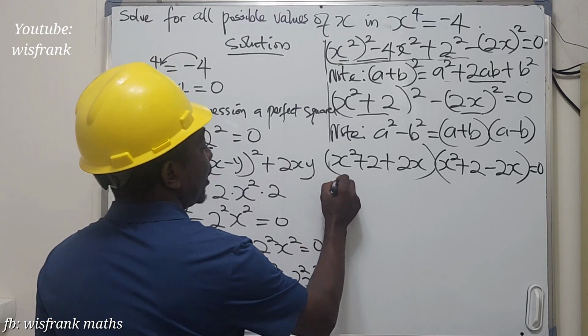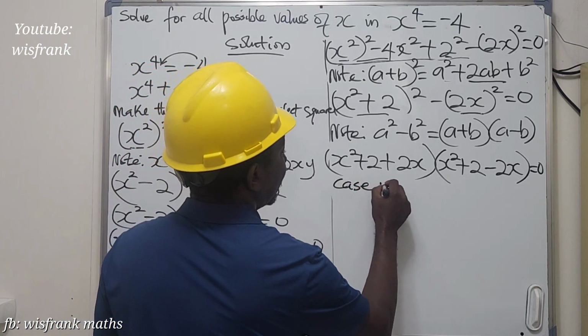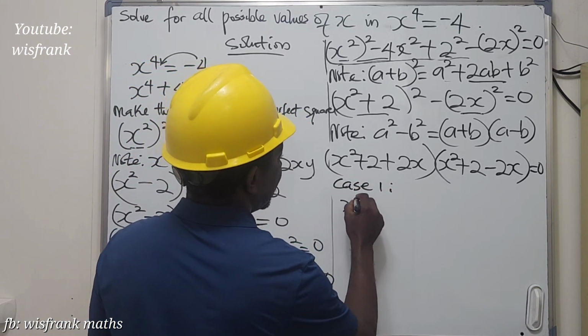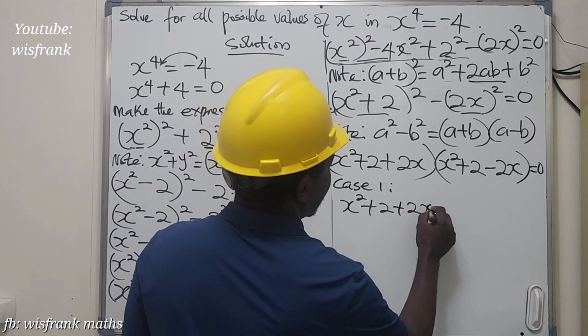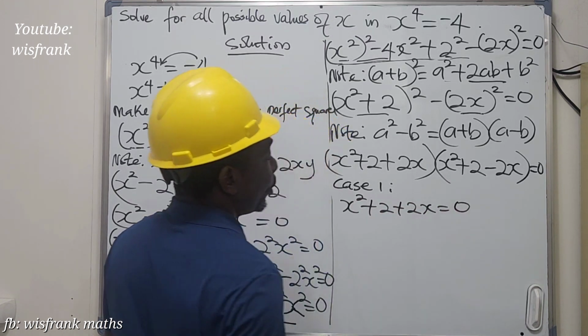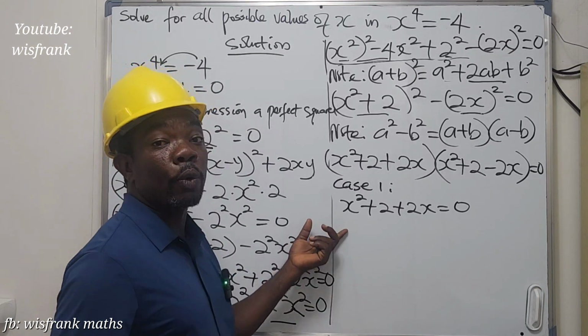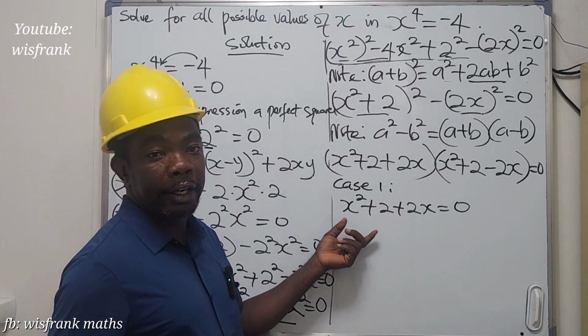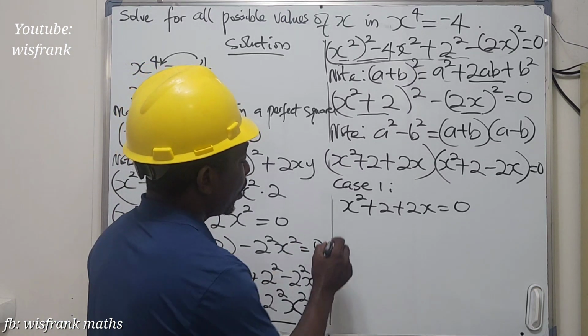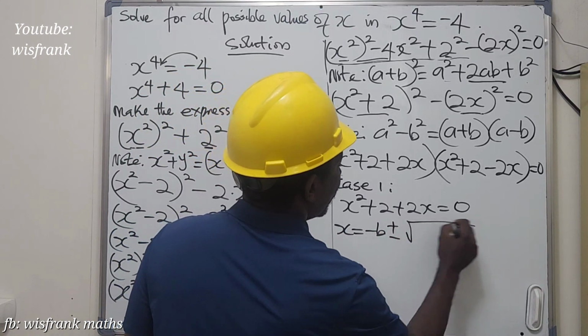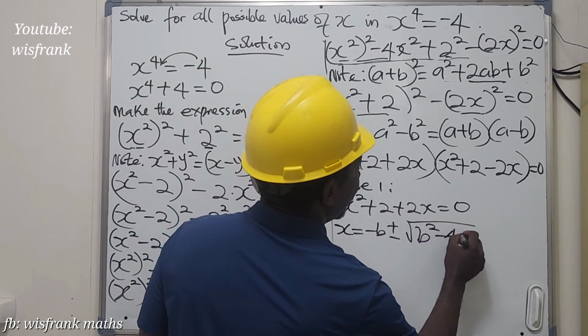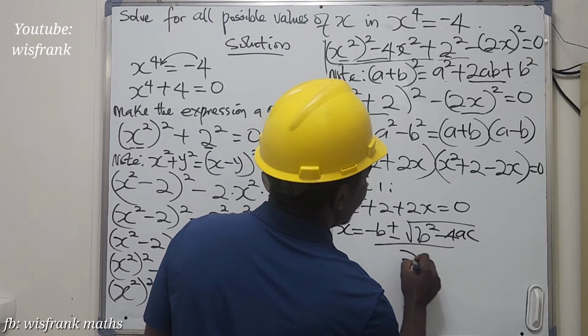For the first case, case 1, we have x^2 + 2 + 2x equals 0. In this case, we are going to use the quadratic formula to find the value of x. Here we have x equals minus b plus or minus the square root of b^2 minus 4ac, all over 2a.